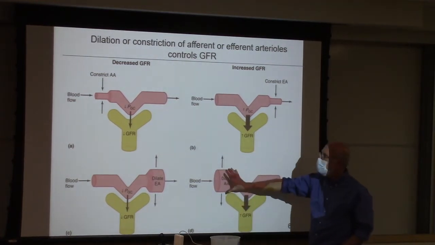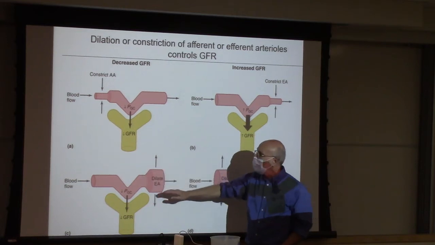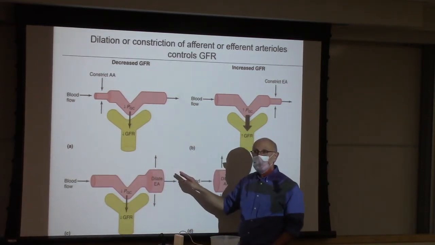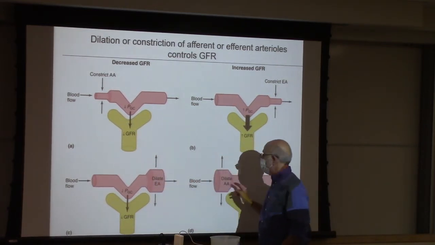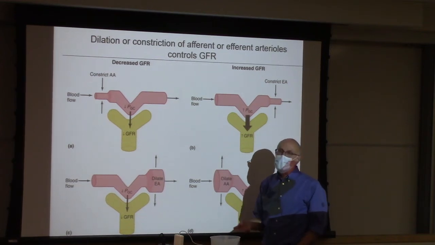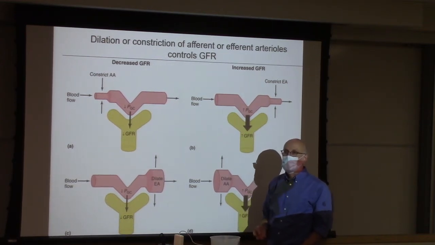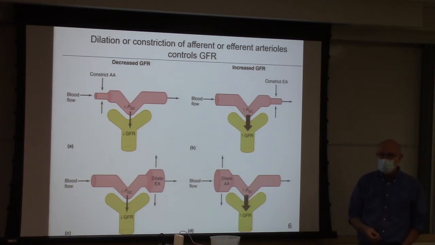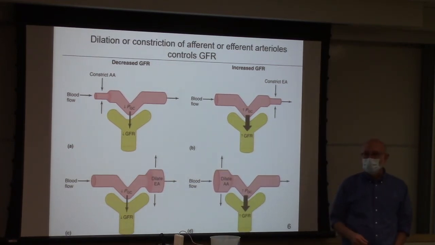If we dilate the afferent and dilate the efferent, we're going to get a lot of blood flow, and that's going to balance out the pressure, but lots of flow also leads to filtration. Those are tricky questions that I won't throw at you.